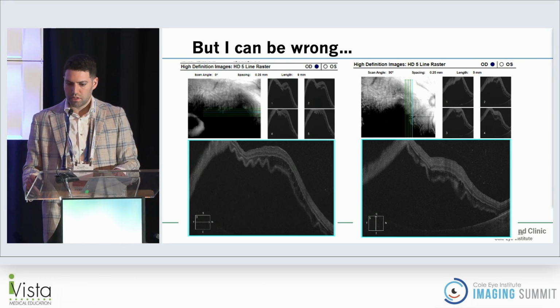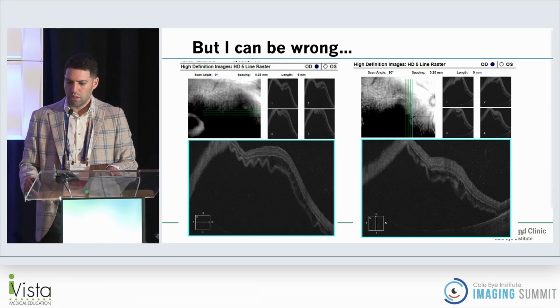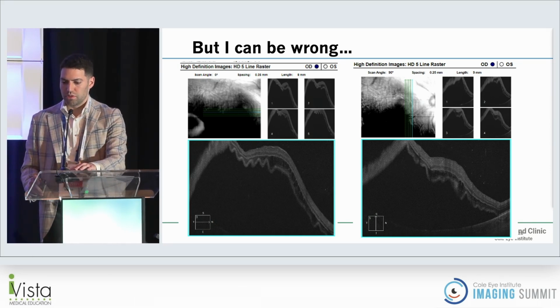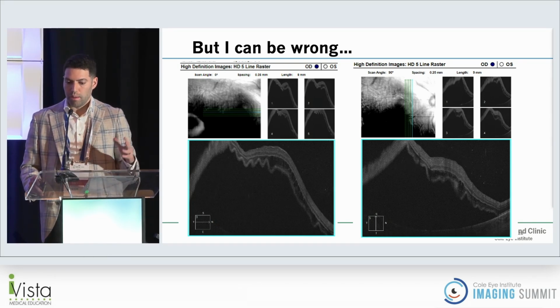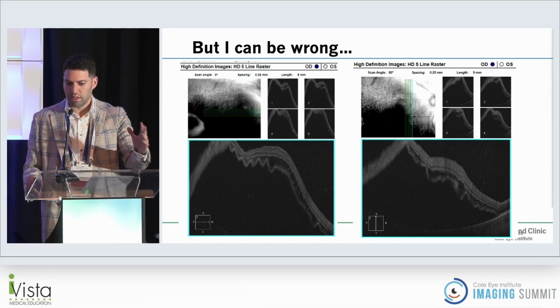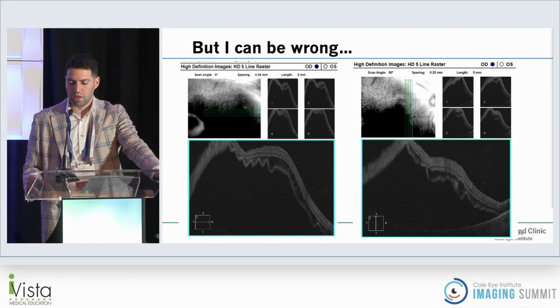She's above 60. She has a rhegmatogenous retinal detachment. I see hyperreflective dots that have been well described on OCT in PVDs with a retinal tear, and some hemorrhage. But I don't really think I see the posterior hyaloid face on these images.